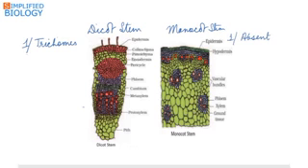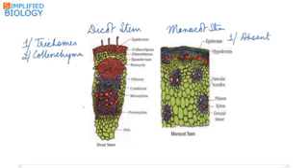But in monocot, in between the xylem and phloem there is no cambium, so cambium is absent, so it is called a collateral closed vascular bundle. Then the last point in the vascular bundle, the bundle sheath is absent in dicot, but it is present in monocot. This is the difference between monocot and dicot, in particular in the vascular bundles.